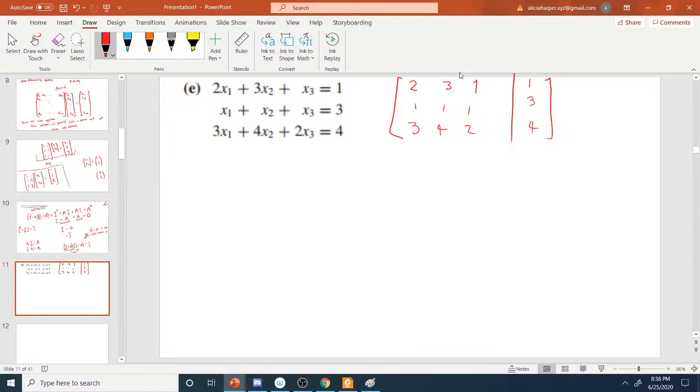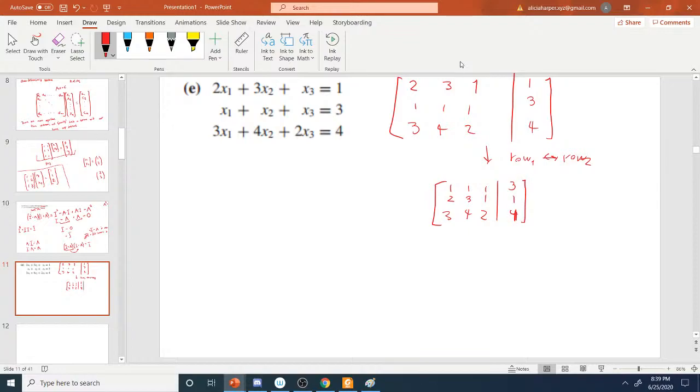Now, we want to solve this system using row operations. First thing I'm going to do is swap row 1 and row 2. If I do a swap, I'll have 1, 1, 1, 3, 2, 3, 1, 1, and then 3, 4, 2, 1 or 4.